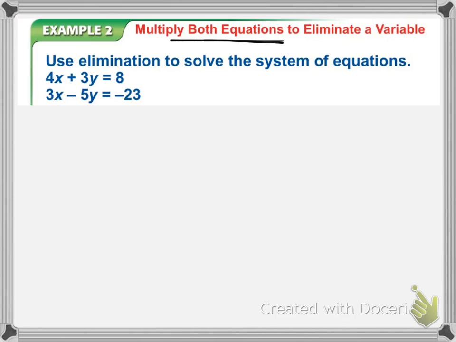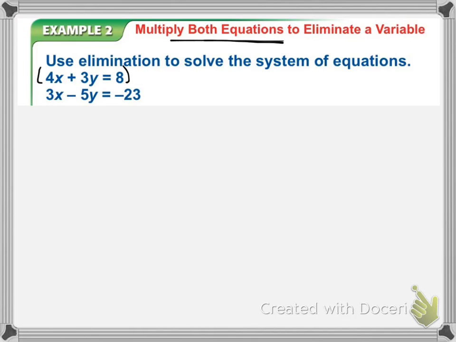It's completely up to you because you have to find them both anyway. So what I like to do is look at my signs first. If you notice your signs on your y's are already opposites, I'm going to go ahead and keep those opposites, and I'm going to eliminate my y's first because I think it's less work to do that.